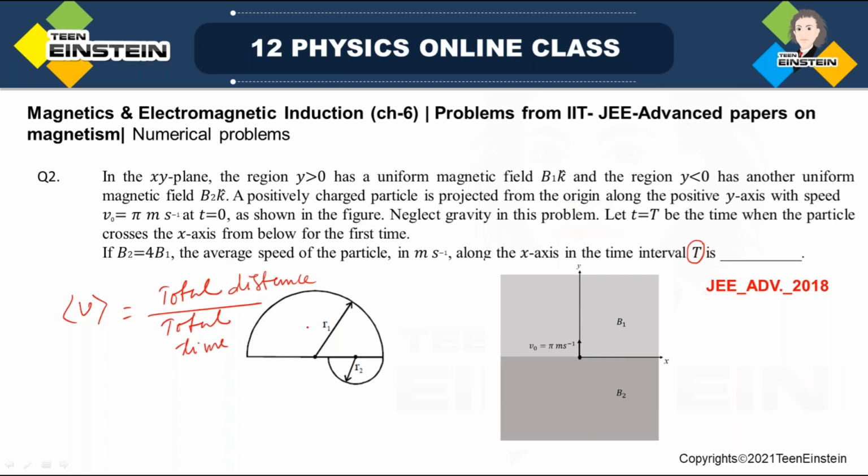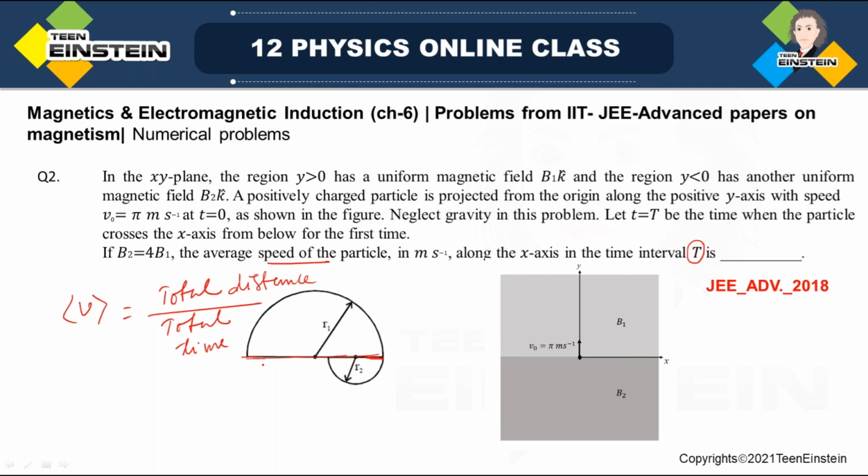Now you have to find the distance. It is average speed, not velocity, so total distance, not displacement.